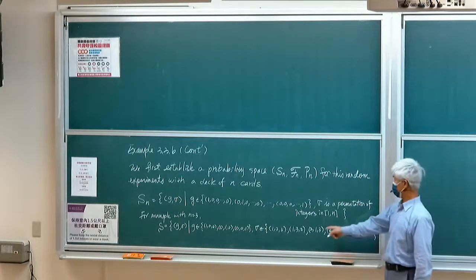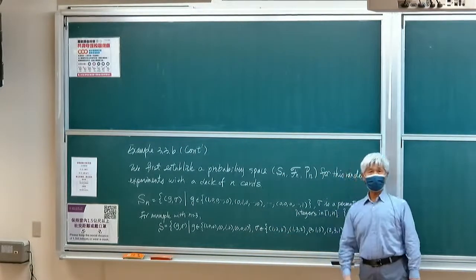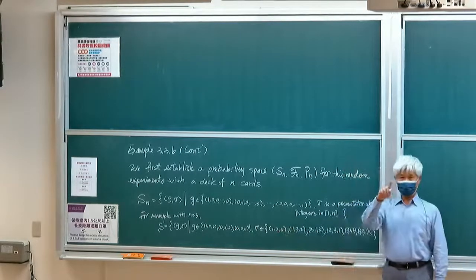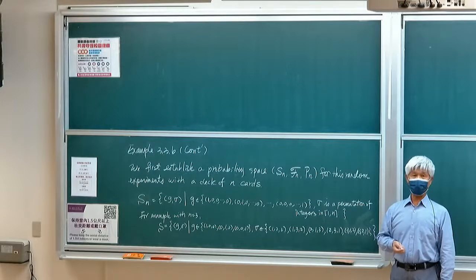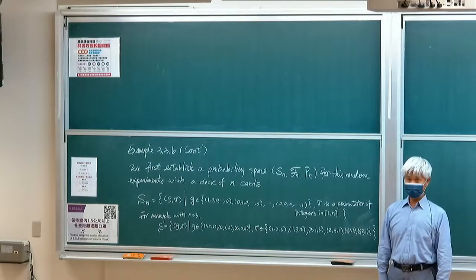That is, we permute the integers 1 to 3. So there are 3 factorial ways to permute these 3 integers, so that is 6.